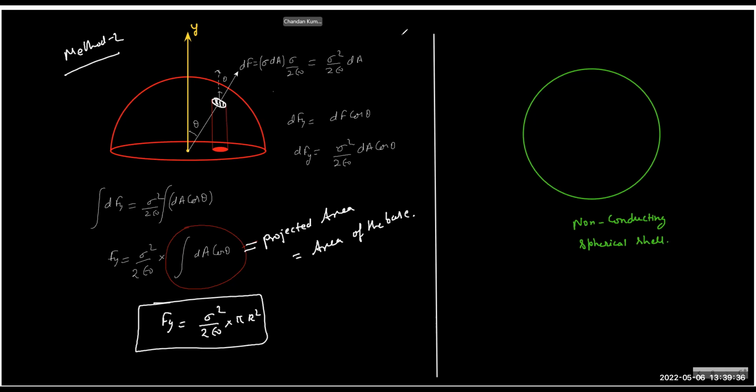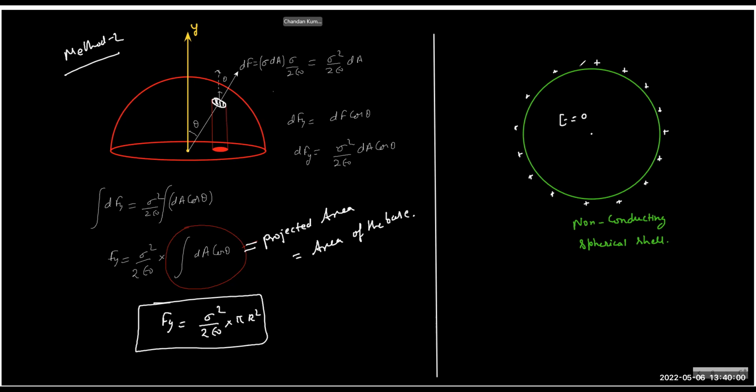If it is a non-conducting spherical shell and you give charge to the shell, it will be like this one. Now, what is the electric field inside the shell? Tell me. Sir, it's zero.